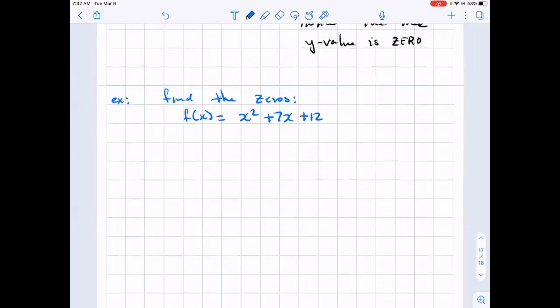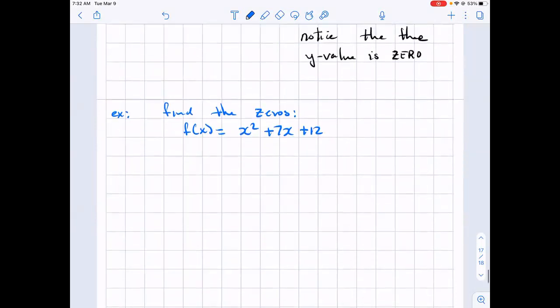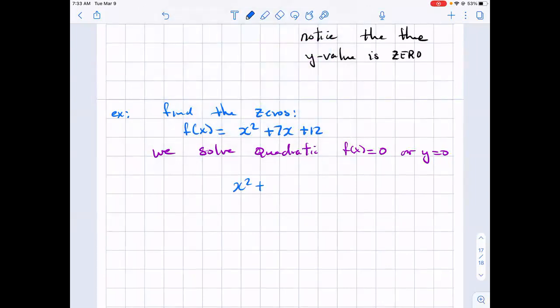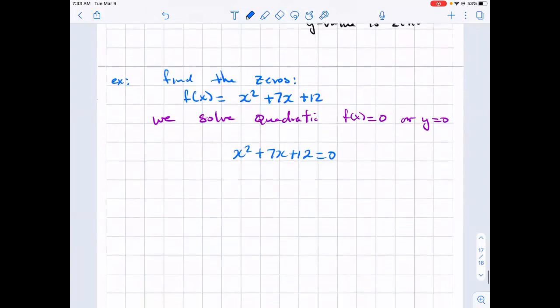Since we know that y is equal to 0, or we also know to solve a quadratic, f of x must be equal to 0. So if we have x squared plus 7x plus 12 equals 0, here we solve by factoring.